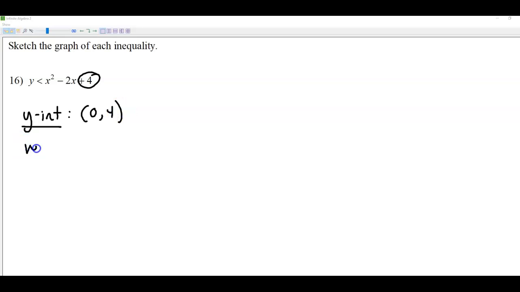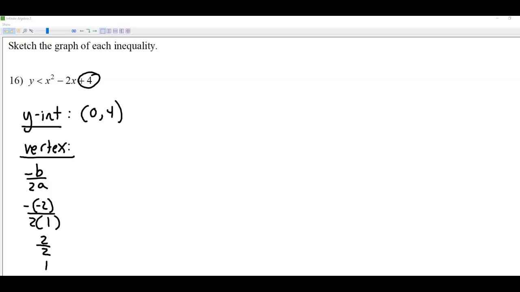The next thing I want to do is find my vertex. To find my vertex, I first of all start off with -b over 2a. My b is -2, my a is 1. And I end up with 1.